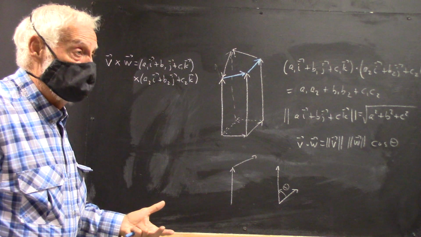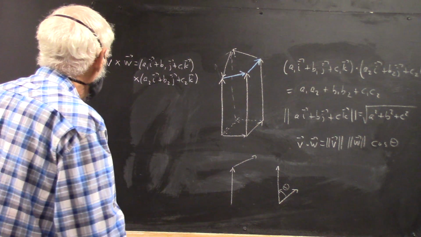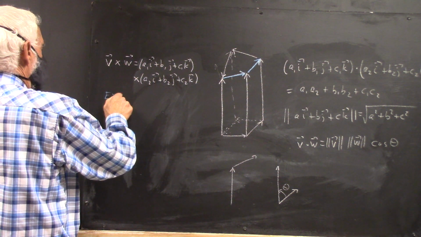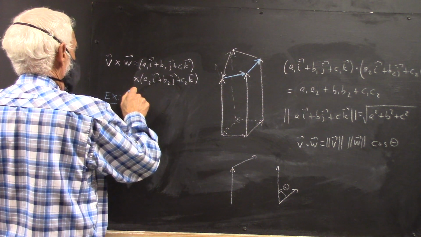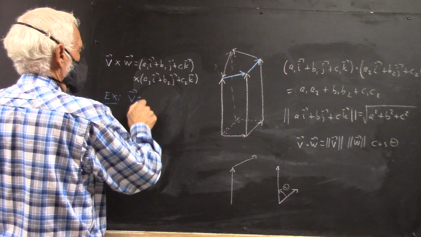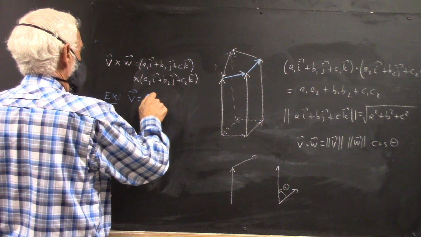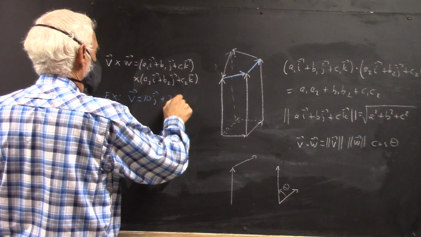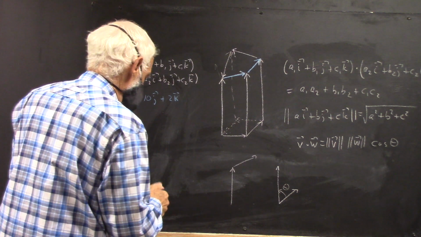I'm not going to go through that again, but I'm going to write it out for a sample vector, okay? So let's say, for example, V equals 10J plus 2K. It's got no I component.